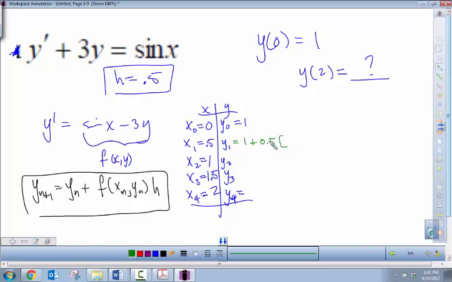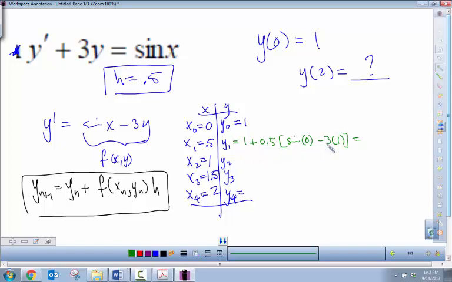All right, so here's where a calculator will come in handy. We have to find the sine of 0 for this one at least. So it'll be sine of 0, because that's x sub 0, the previous x value, minus 3y sub 0, which is 1.